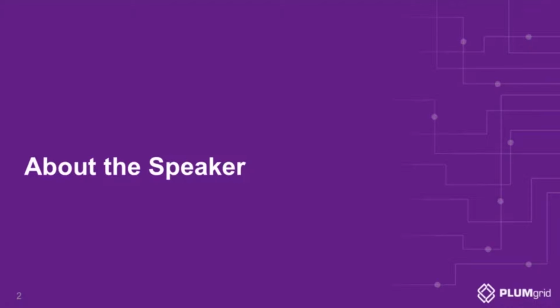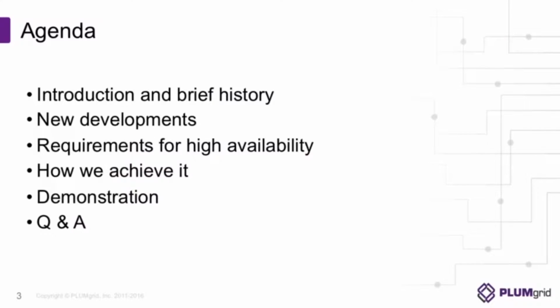So without further ado, let's see what we're going to be talking about. I thought I should start with a quick introduction and brief history of the networking stack that we get with OpenStack, to see where we are and how we got there, to better understand why things work the way they do right now.